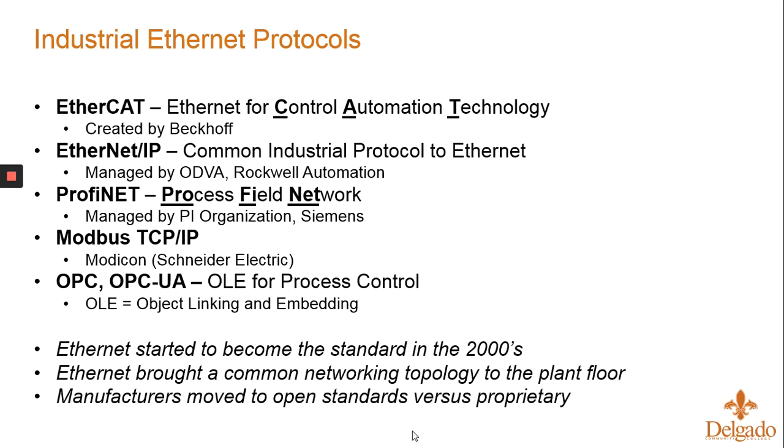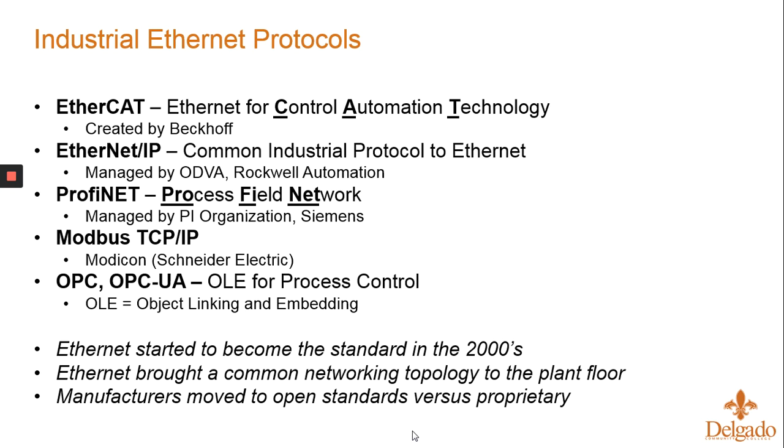In the industrial world, we have a few different industrial Ethernet protocols that are pretty common. There's EtherCAT, or Ethernet for Control Automation Technology. There's EtherNet/IP, which is the Rockwell Automation protocol. Profinet, which is Siemens, stands for Process Field Network.